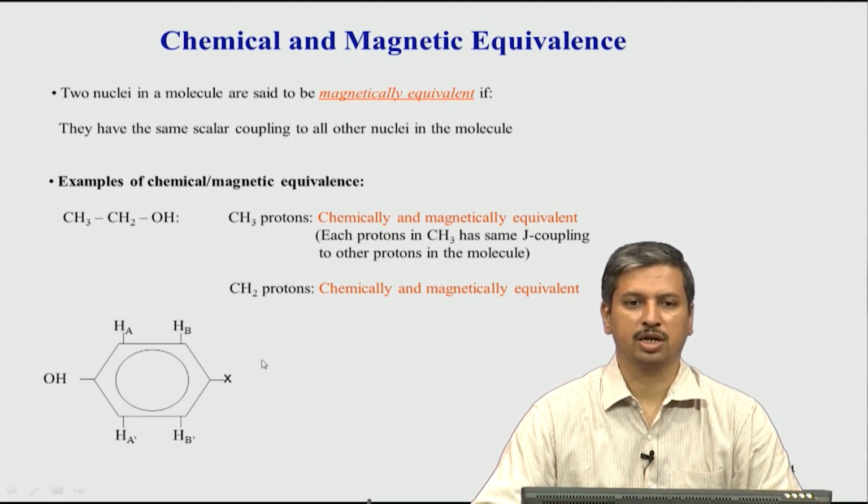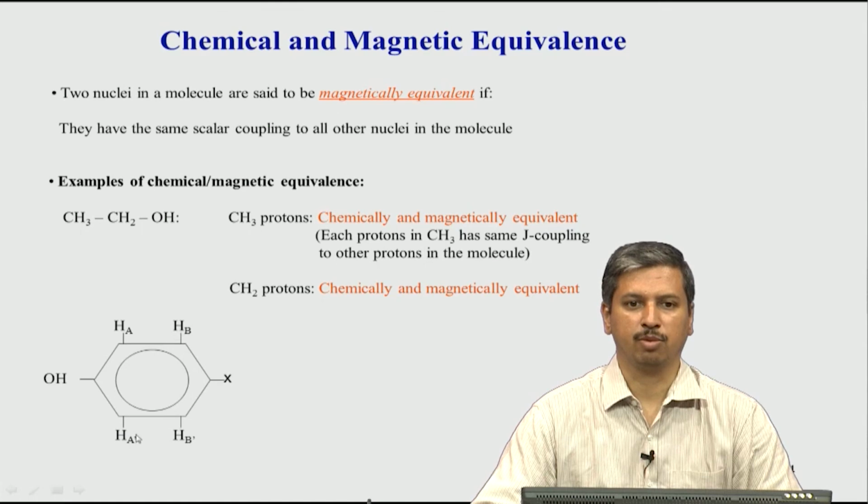But are they magnetically equivalent? For that you have to look at the interaction with all other hydrogens. If you look at this hydrogen A, it has a particular J coupling interaction with B, separated by 1 bond, 2 bonds and 3 bonds. But its interaction with this A prime is not the same, because it is now 1 bond, 2 bonds, 3 bonds, 4 and 5 bonds away.